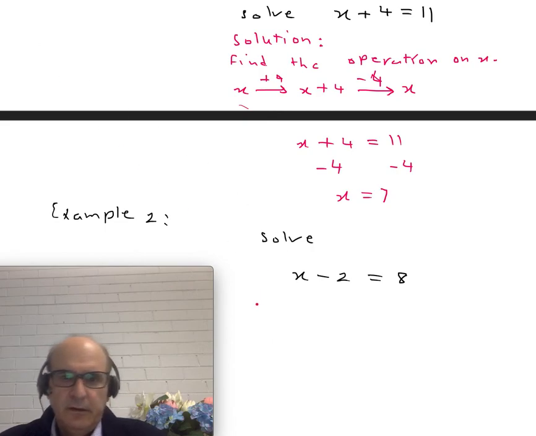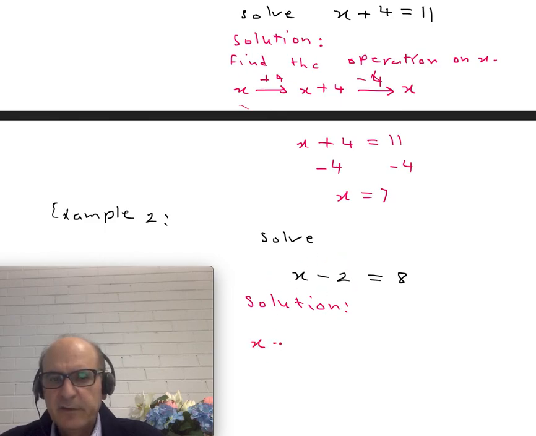All right, again, look at the left-hand side. And see what has happened to x. Start with x and see what operation you need to do to get to the left-hand side.